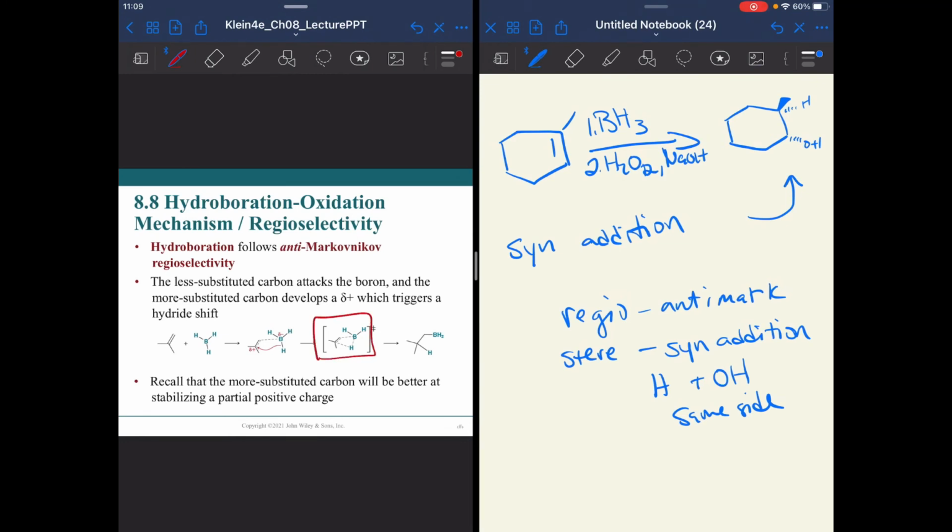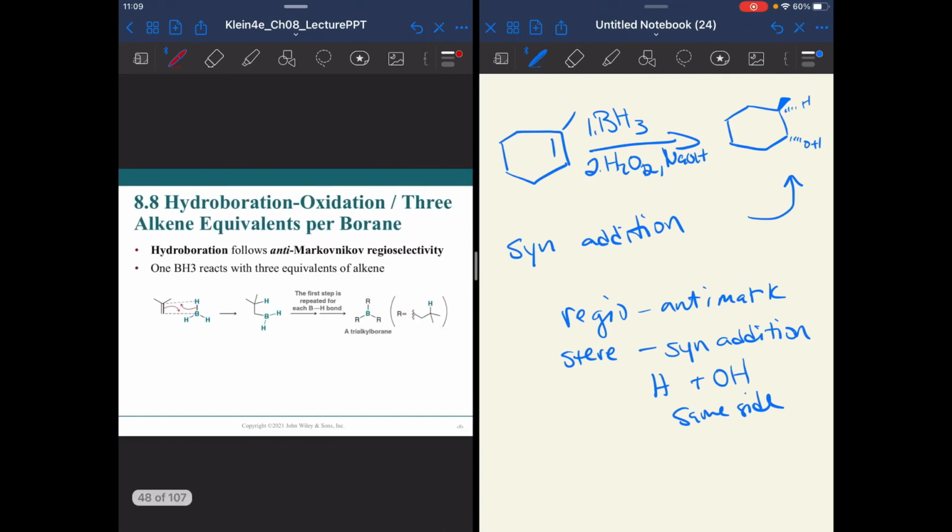It forms this interesting square transition state. And since they both go on at the same time, it has nothing to do with what makes a more stabilized carbocation. The boron just goes to the less substituted side.